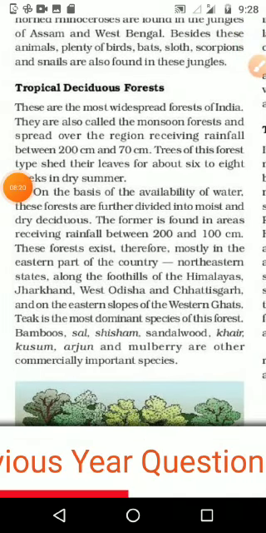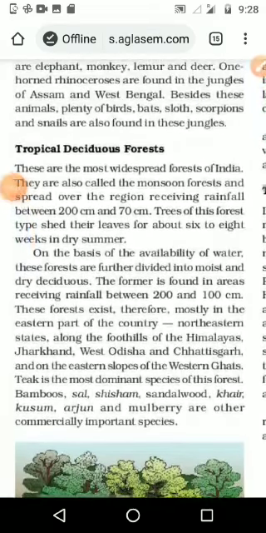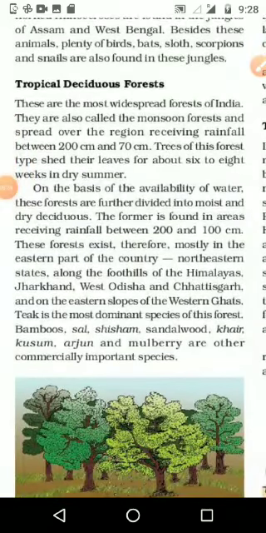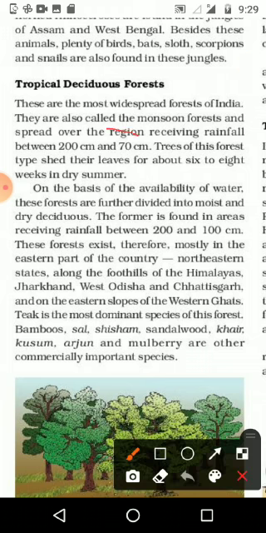Then we are moving to the next part, that is, tropical deciduous forest. These are the most widespread forests of India. They are also called the monsoon forest and are spread over the regions receiving rainfall between 70 and 200 centimeters. Where we get rainfall between 70 centimeters and 200 centimeters, we can see the tropical deciduous forest.